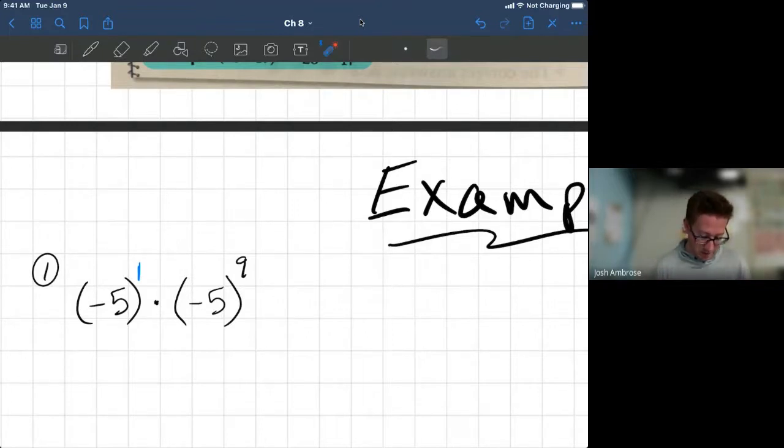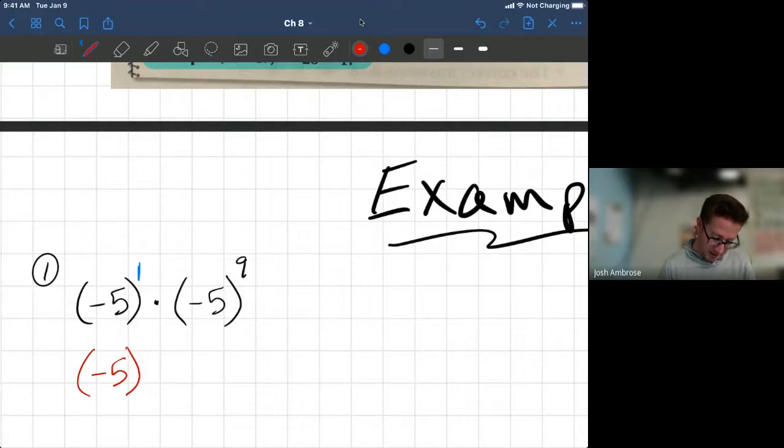We are dealing with the same base, but then we have different exponents. So same base, different exponents. That means that we can take this base of -5 and then treat it as 1 plus 9. That's what you do when you have the same base, different exponents.